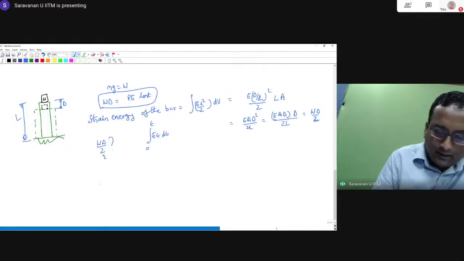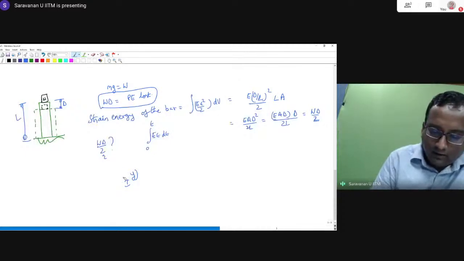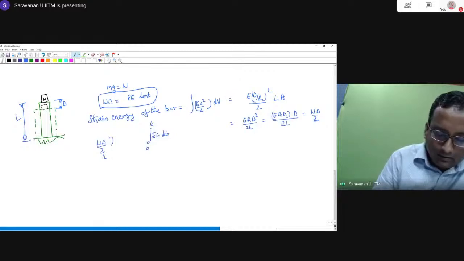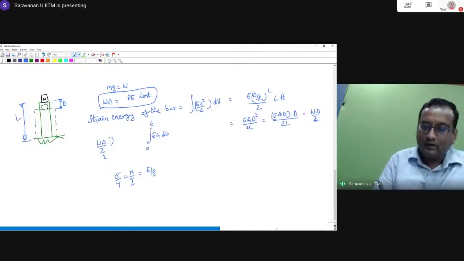Okay, so basically sigma in the case of bending is given by M by I into y. I have to write it in terms of the curvature now because I'm talking about the strain energy. So sigma by y equal to M by I equal to E by rho, where rho is the radius of curvature.